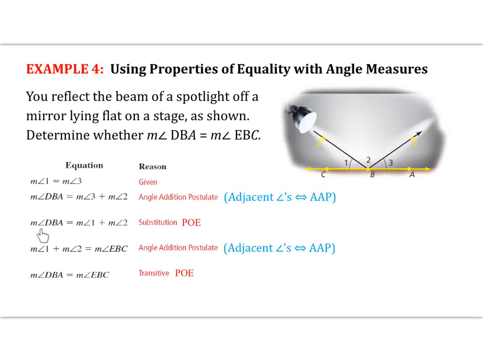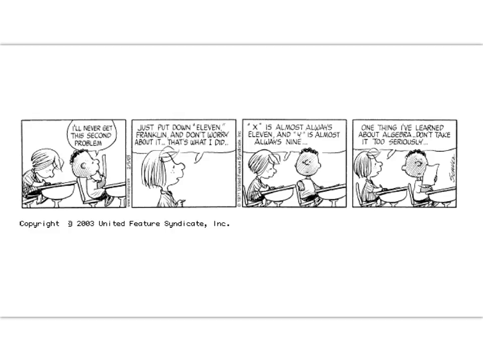We had measure angle DBA equal to two different pairs of angles. So because of that, we can then conclude that measure angle DBA is equal to EBC. DBA is equal to two different pairs by the transitive property of equality.